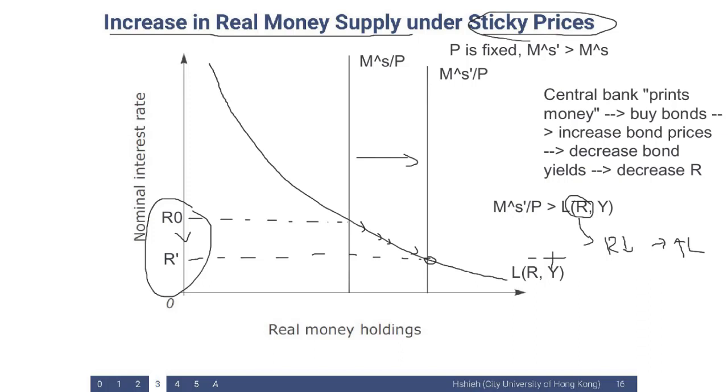In doing so, they will put upward pressure on bond prices. Bond prices increase, which mechanically decreases bond yields, because all interest rates, as you can imagine, are benchmarked to U.S. or the government security bond yield. Interest rates will decrease.